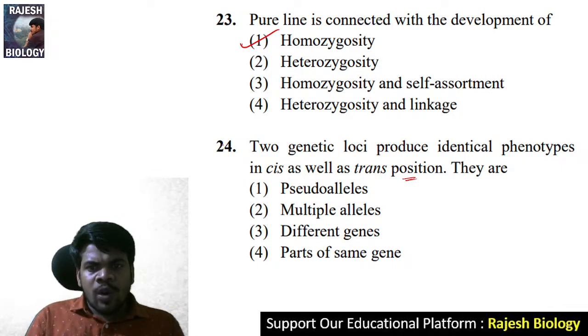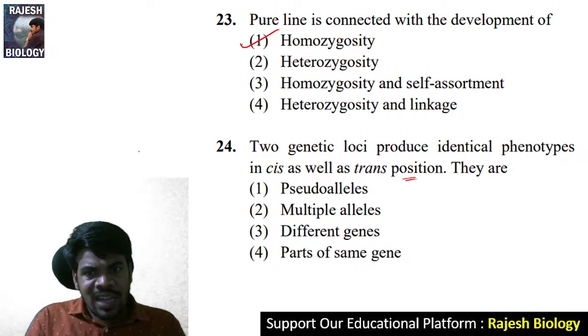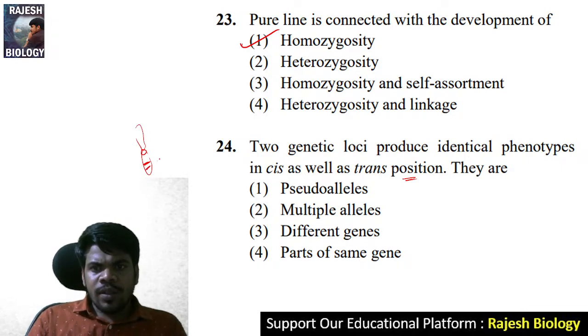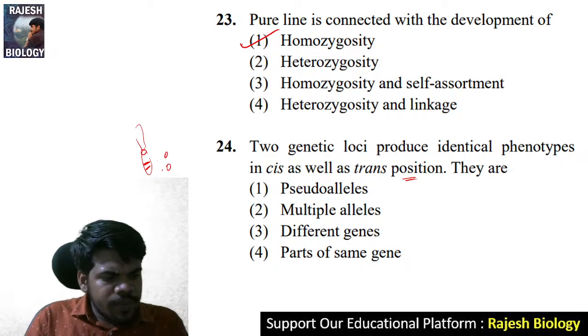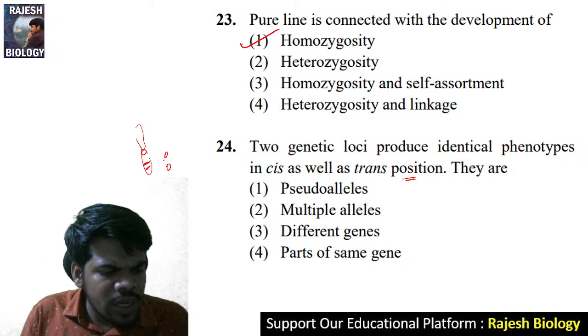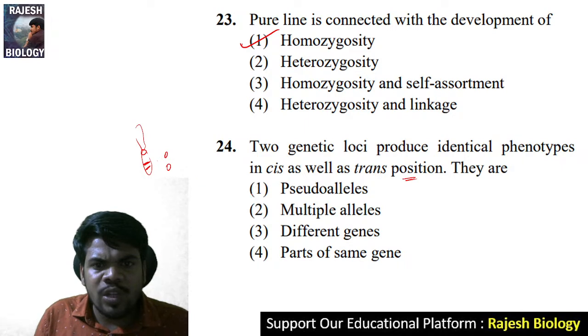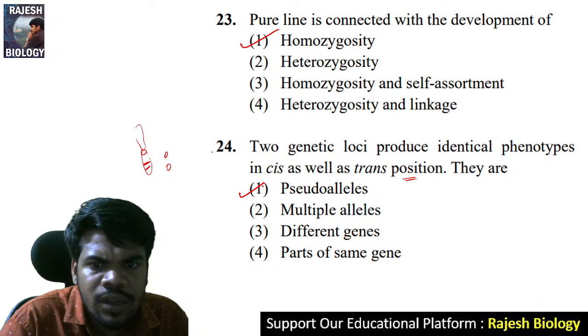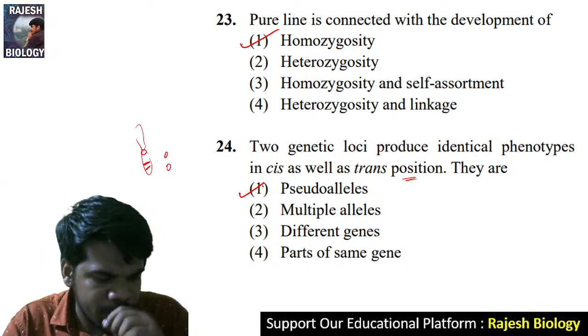Two genetic loci on the same chromosome produce identical phenotypes. They are called. Yeah, very good, Rupa Mahesh, Ganeshwari and Chinnu. That is actually pseudo alleles. Nobody gave the answer for the 24th. Multiple alleles is wrong. It is pseudo alleles.